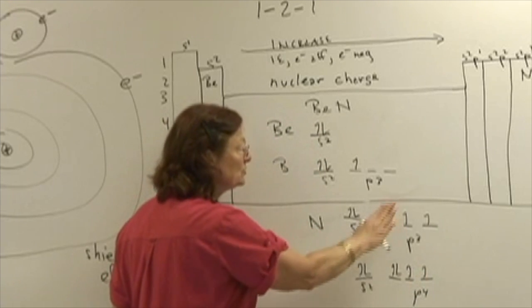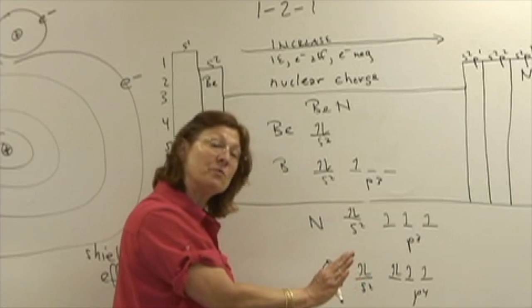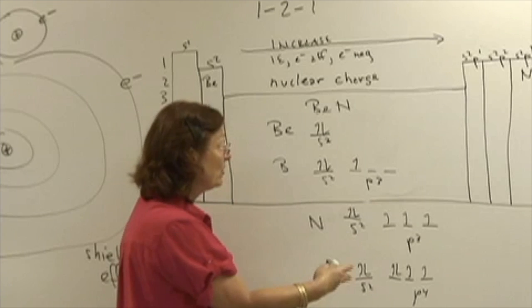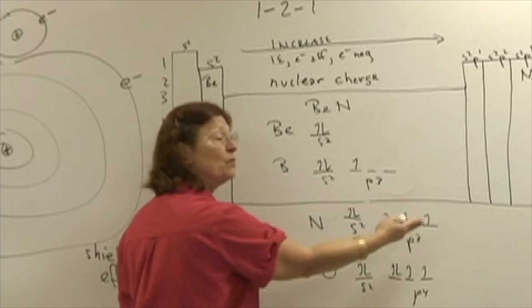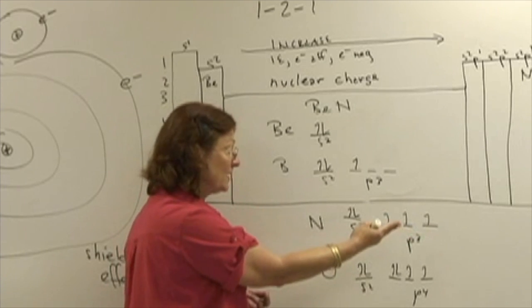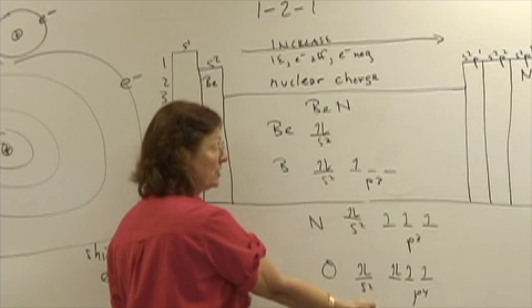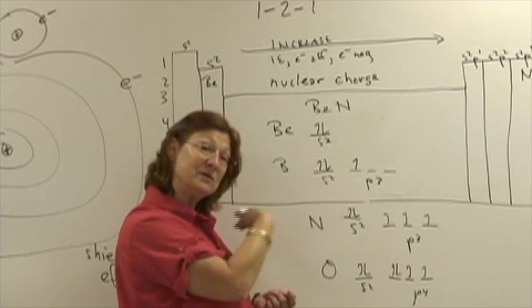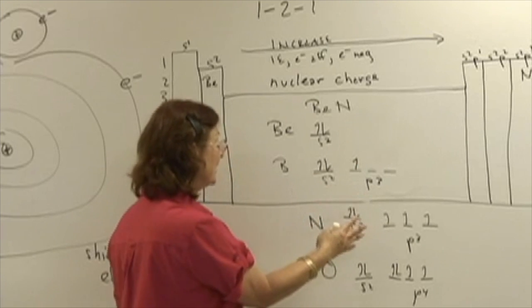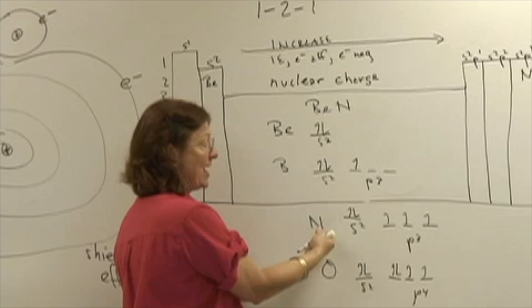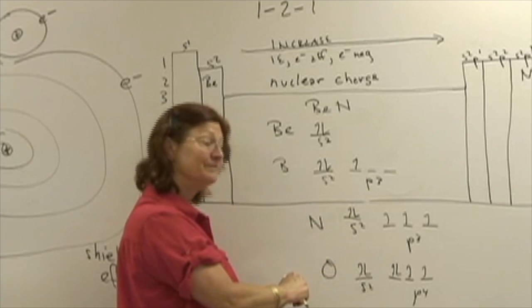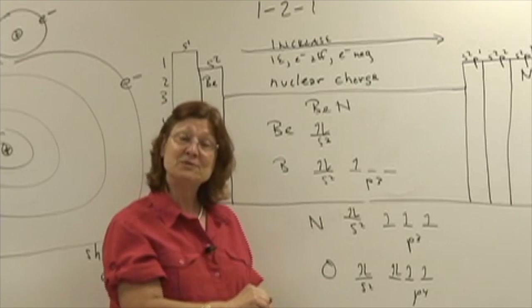And when there is one electron in each one of the p orbitals and they're all spinning the same direction, that's lower energy. And therefore, it is not going to want to lose one of those electrons as much as the oxygen. And you'll notice that the exception is only for the one right next to it, not as we continue on. And the attraction that the atom has for an electron is not as great for the nitrogen as it is for the oxygen. And those are the two exceptions.